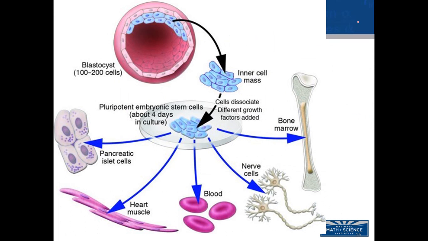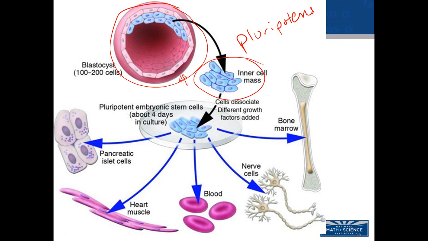So in this little diagram, we are looking at a blastocyst of a human, and these cells out here are going to give rise to those extra embryonic membranes. But these cells right here are called the inner mass cells, and those inner mass cells are said to be pluripotent at this point in time, and they can give rise to the bone marrow, nerve cells, blood cells, heart, muscle, and pancreatic cells.